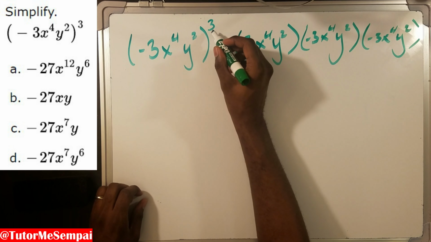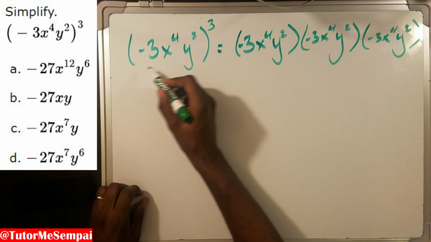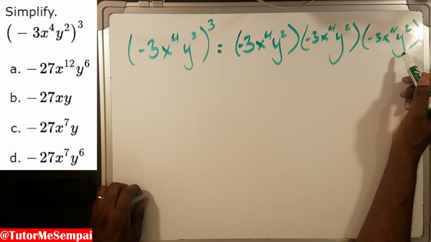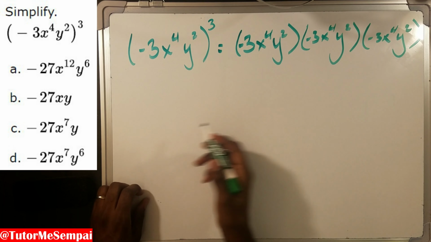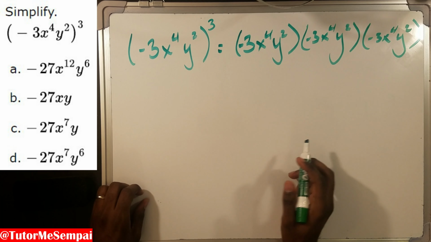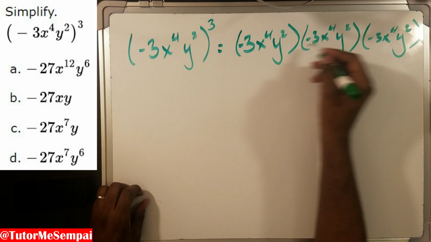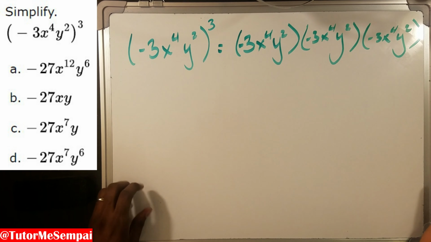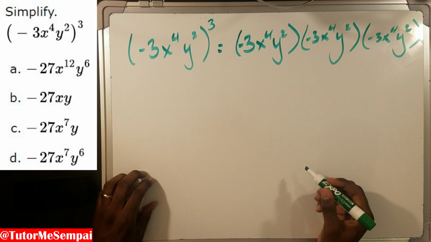Having this all cubed means that we're really just multiplying it by itself 3 times, right? And we know that when you multiply things, it doesn't matter what order you multiply them in. So we group together what we want to group together, and let's drop the parentheses at the same time.